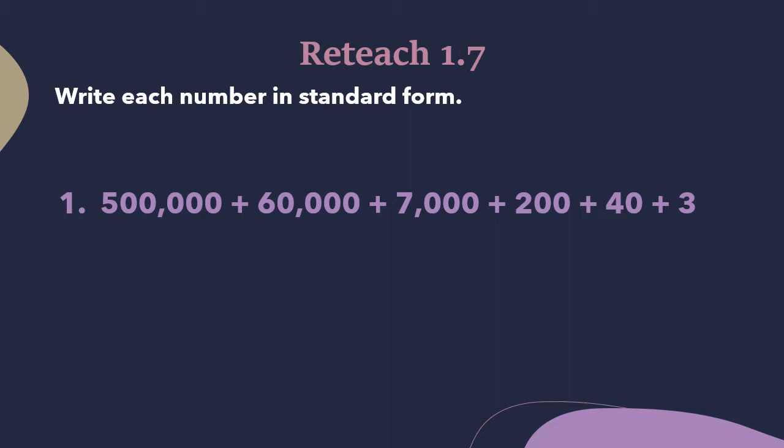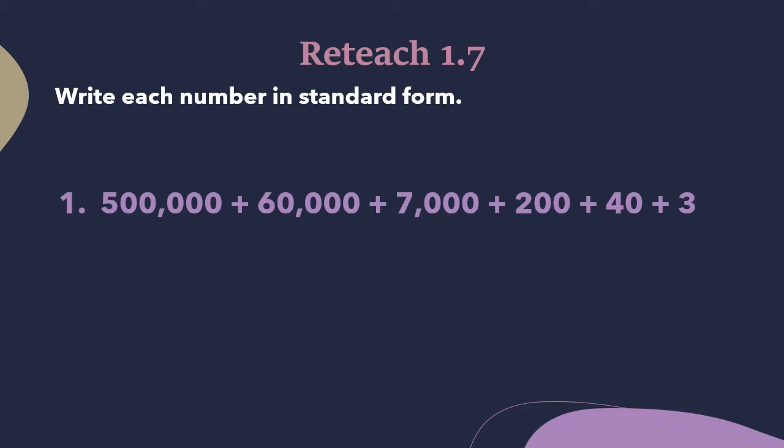So think about these values and where these numbers would go in your place value chart. And then write the number in standard form with just the digits, just the way we write out our numbers usually. So let's pause this right here, try it out on your own, and then we will unpause and check it together. See you in a bit.